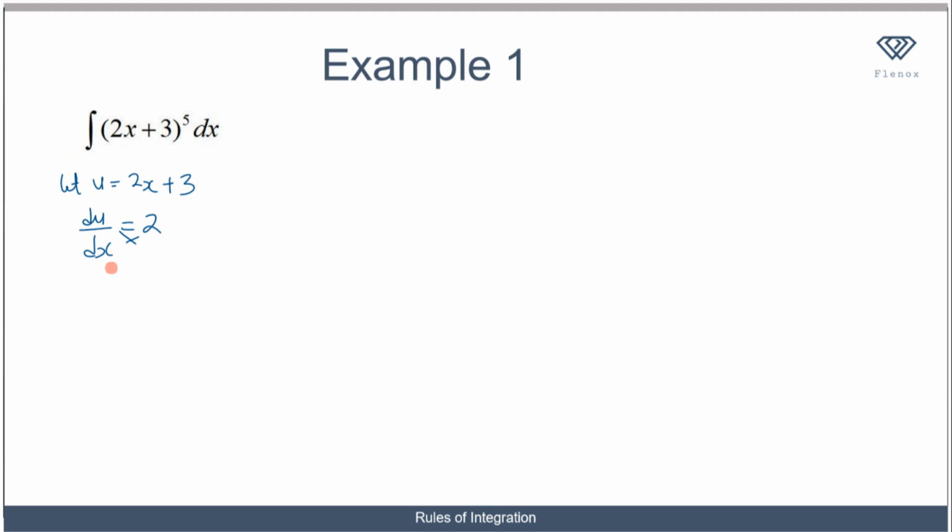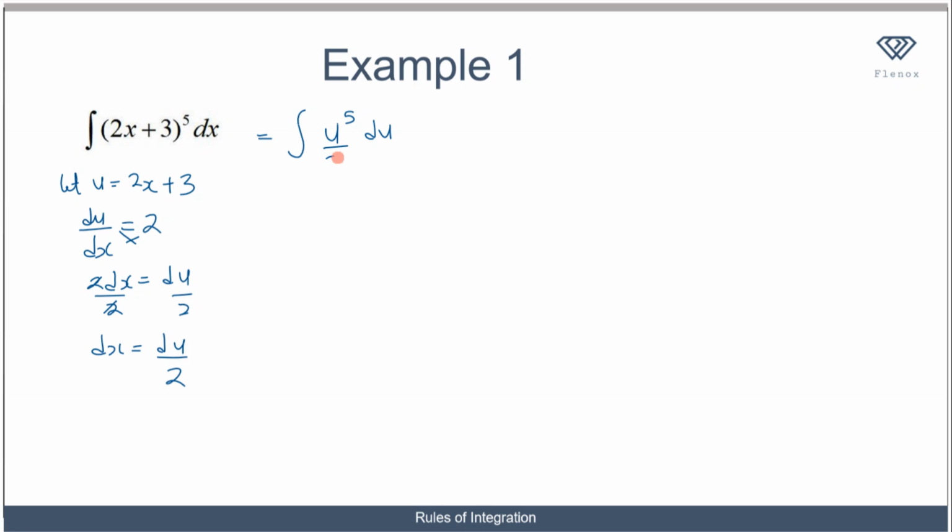So if I cross multiply, I have 2 dx equals du. So if I divide both sides by 2, I can say that my dx is equal to what? du over 2. So I can replace 2x plus 3 by u and I can replace the dx by du over 2. So this can be written as the integral of u raised to power 5 times du over 2.